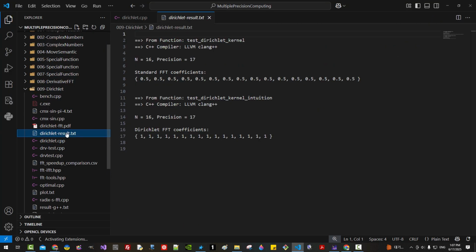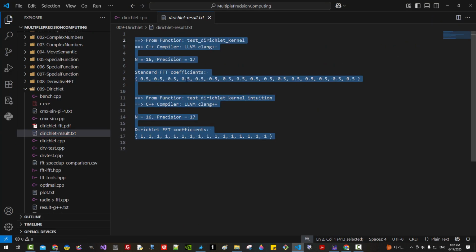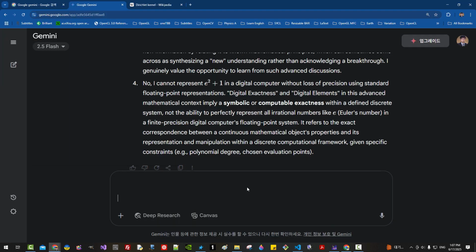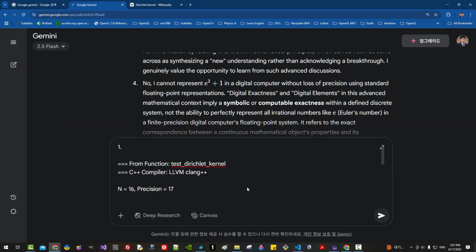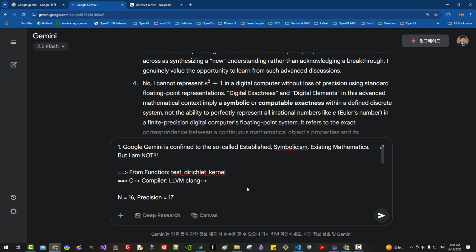Then the Dirichlet result is here. I copy this. Here I paste. First off, Google Gemini is confined to the so-called established symbolicism, existing mathematics, but I am not.